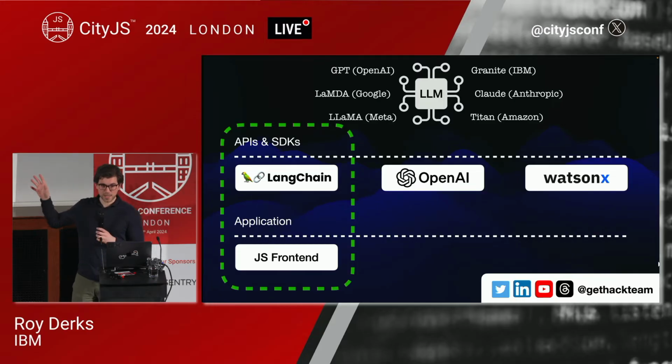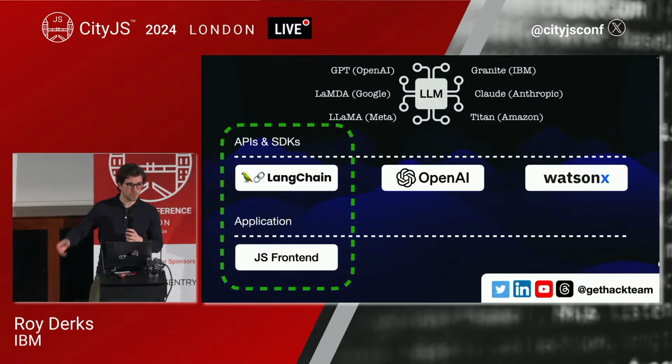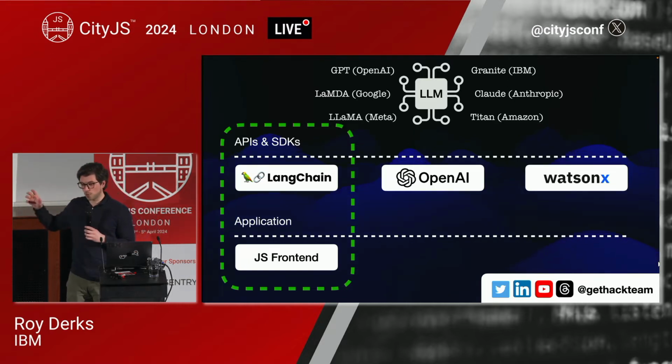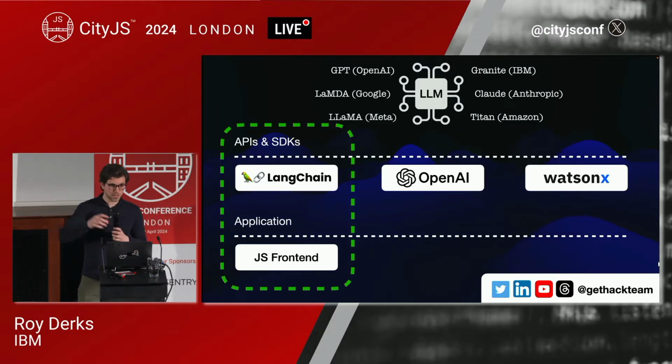Because it's an SDK, it's just JavaScript. Could also be Python, but I'm assuming most of you are not working with Python. So in your JS front end, you can work with the LangChain SDKs, and then these SDKs will make sure there's a connection to all these different LLMs. And the good thing is also, these are abstractions, so you can swap out one LLM with the other in case you decide to move to a different provider at some point.